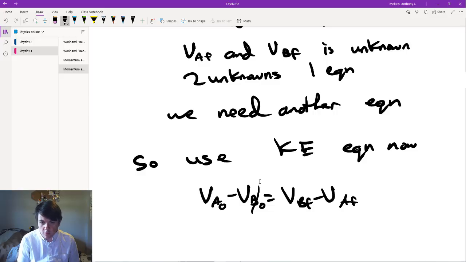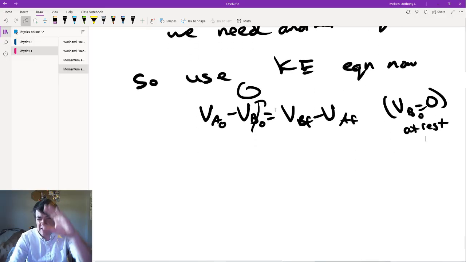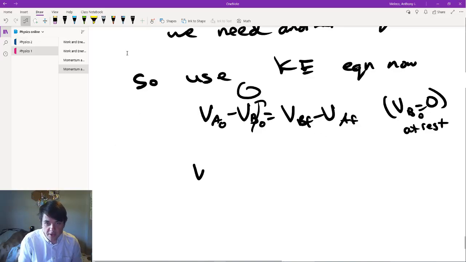The VBO was 0 because VB was at rest. And if you're curious about the negative sign and parentheses on the original equation, I just distributed the negative and you get this. So now we have VAO equals VBF minus VAF.